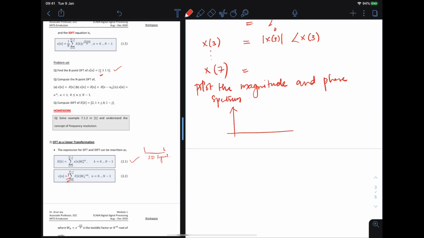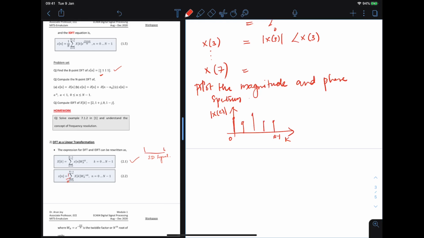This will be the format of plotting. This axis will be k, and you will have k from 0 to N minus 1, and this will contain the magnitude, as small impulses, something like this. Just an example.